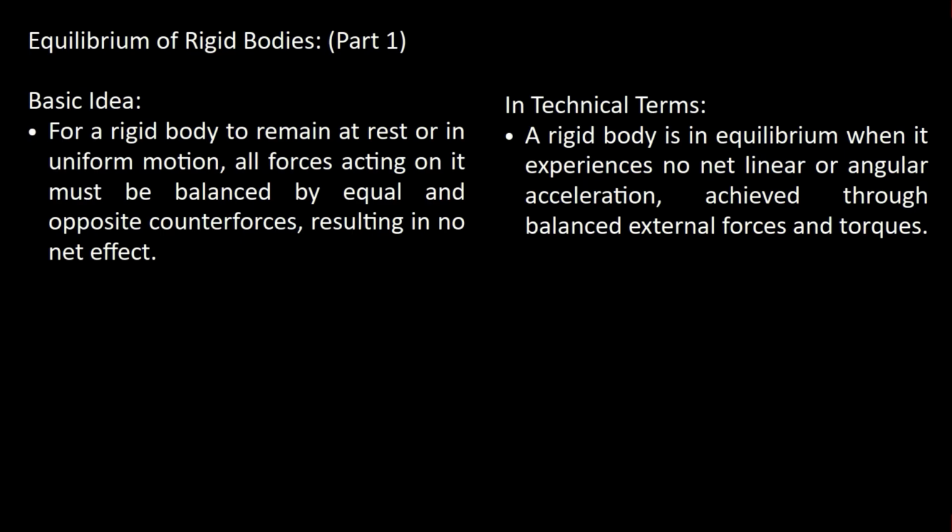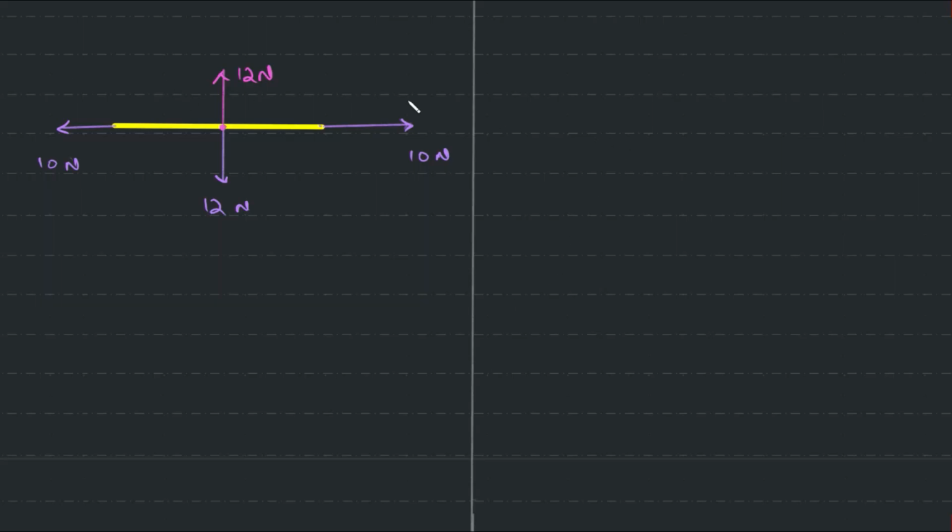For rotational equilibrium, I didn't show an example. The earlier one was mainly to do with translational equilibrium. For rotation, say this is the center of mass.